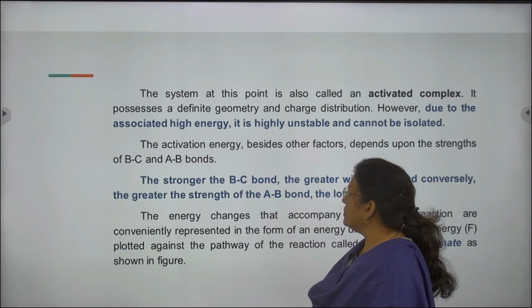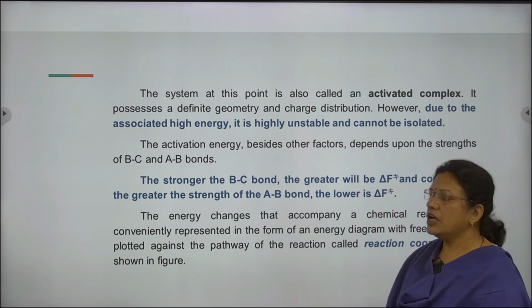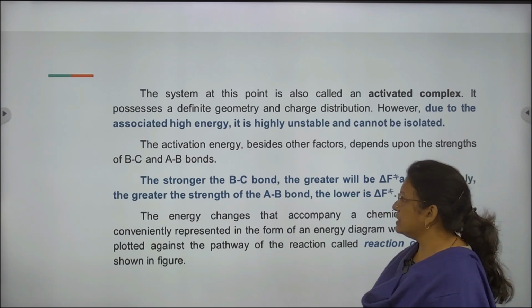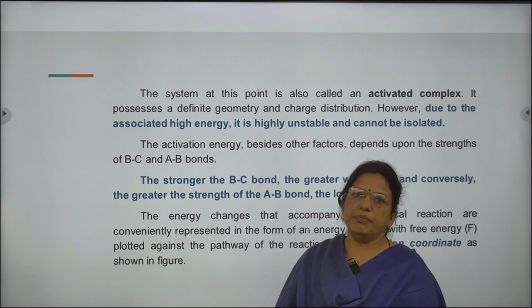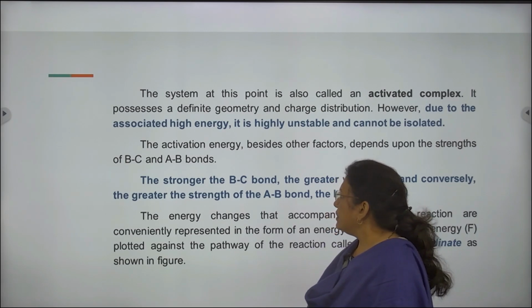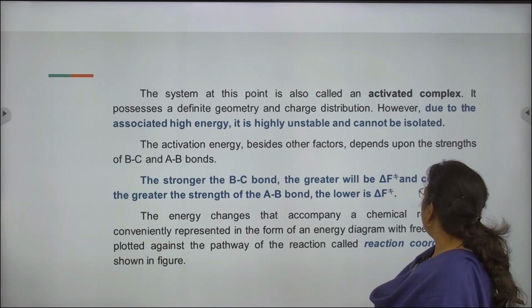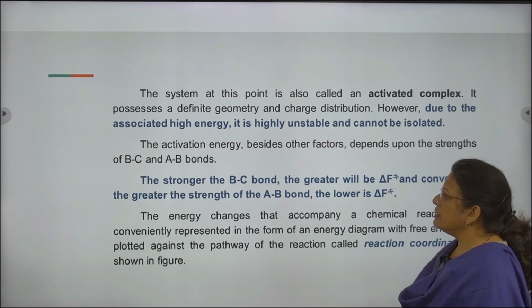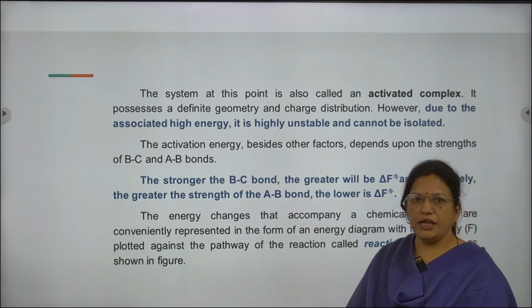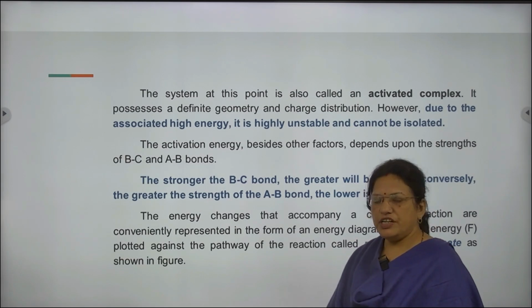The activation energy, besides other factors, depends upon the strength of the BC and AB bonds. The stronger the BC bond, the greater will be ΔF‡, and conversely, the greater the strength of the AB bond, the lower is the free energy change.